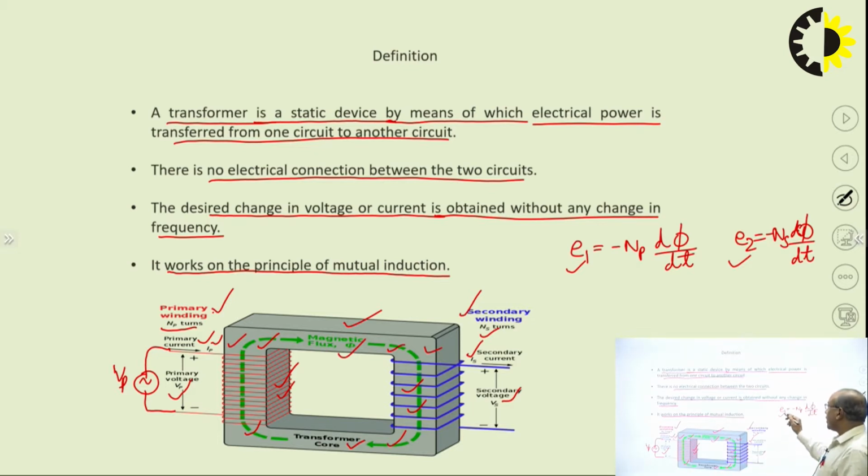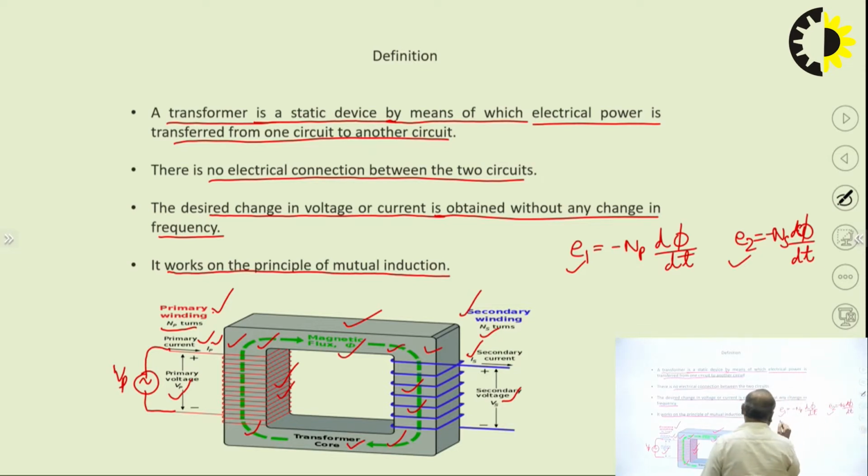The induced EMF on the primary side is known as self induced EMF, since it is due to its own effect, the primary effect. But on the secondary side, the induced EMF E2 is known as mutually induced EMF, since it is due to the mutual induction effect of the primary on the secondary side.